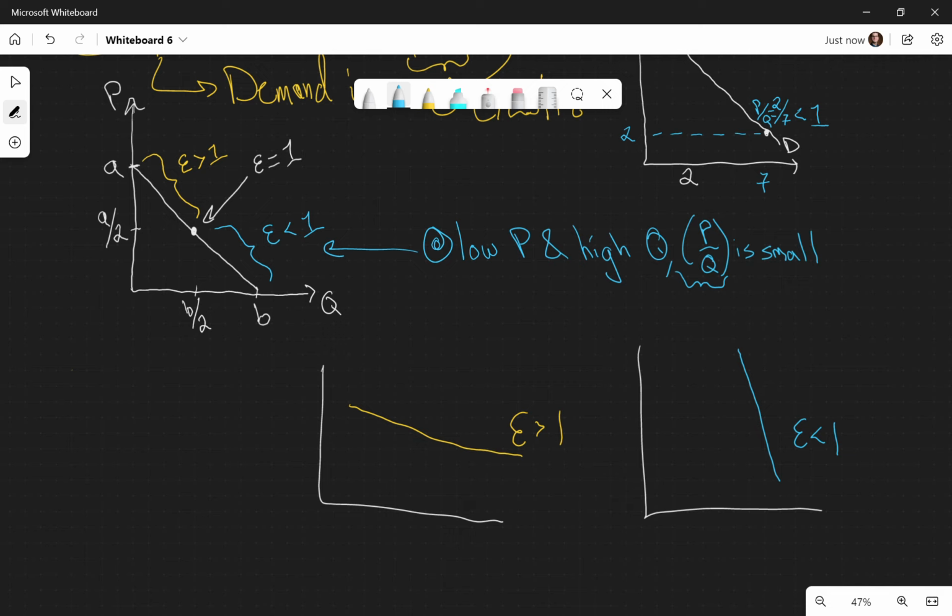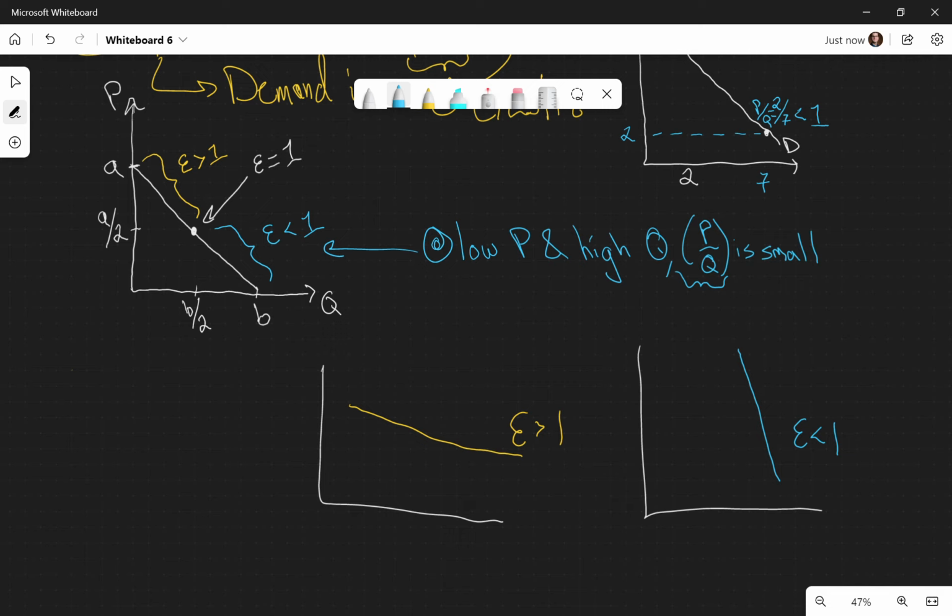We still have a lot to go today. Next section, we talk about elasticity and total revenue. There's a reason why we care about the elasticity in the range that we're at right now, because ultimately we're going to try to figure out whether it makes sense to increase or decrease prices.